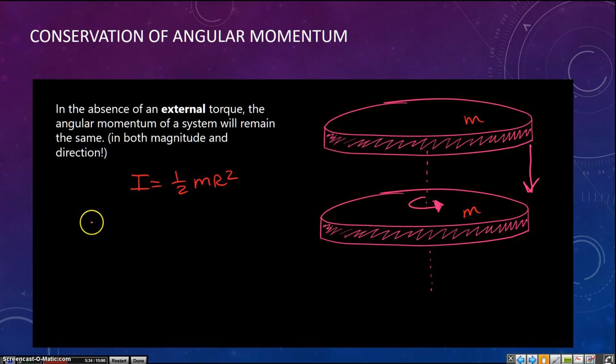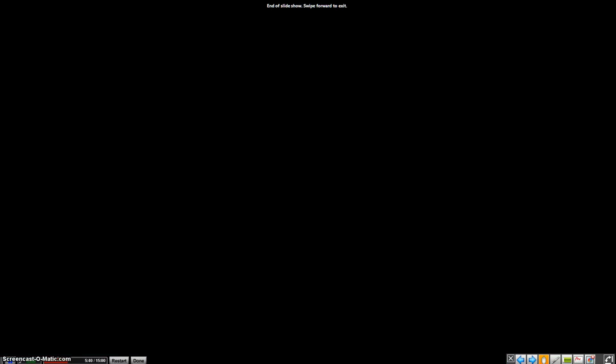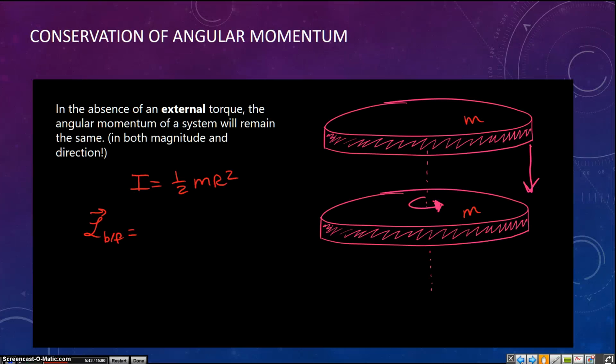So our angular momentum before would have simply been 1/2 m r squared, so this is our I, times whatever the omega was that this had before. I'm going to call this omega initial. And maybe the question is, what's the final omega? After this gets dropped down, what's the final omega going to be?